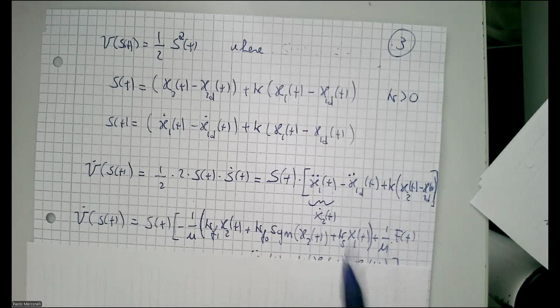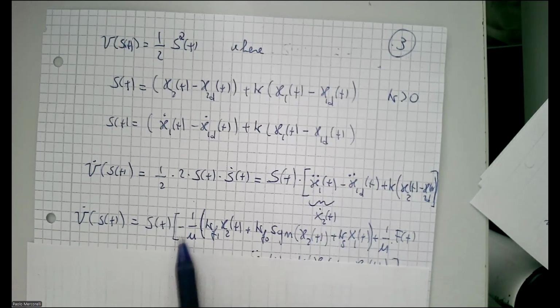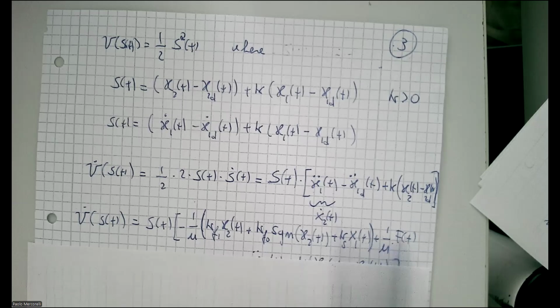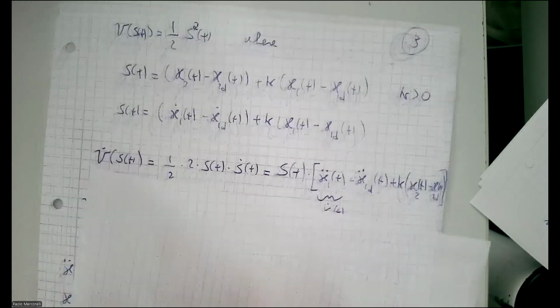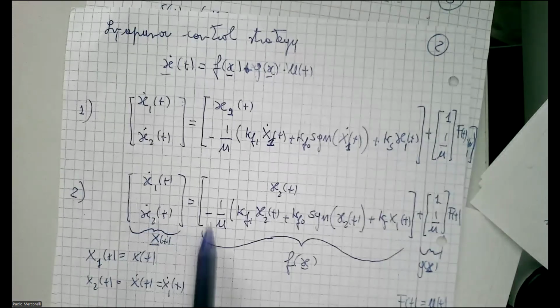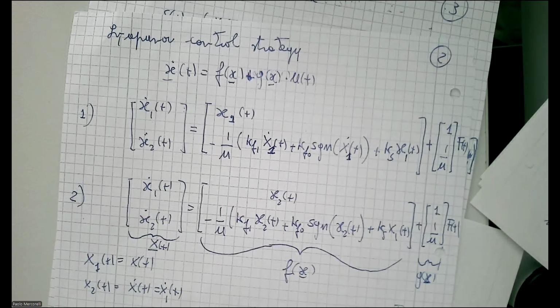Because if I replace this element here with the model, x1 dot dot equals x2 dot, and x2 dot, we know, is this expression, we can see that I include f of t in the surface s of t. This is our goal.